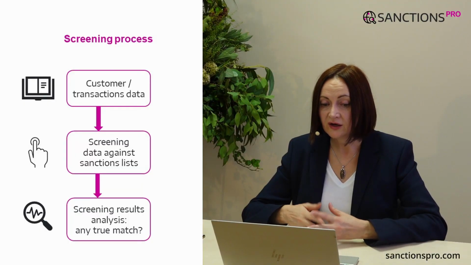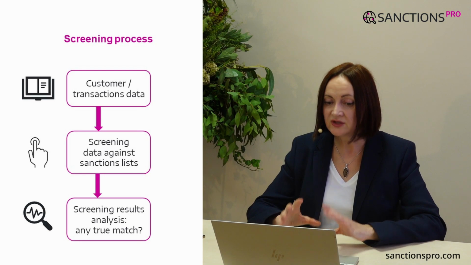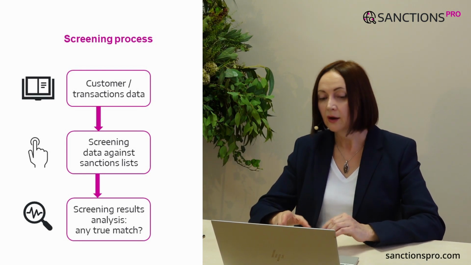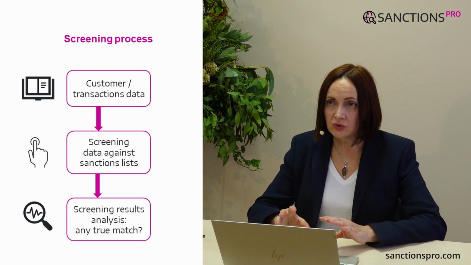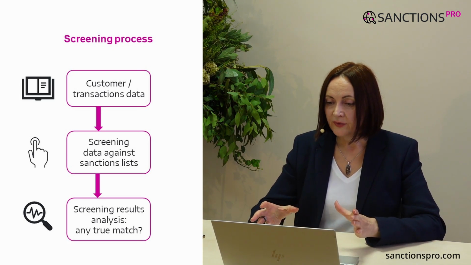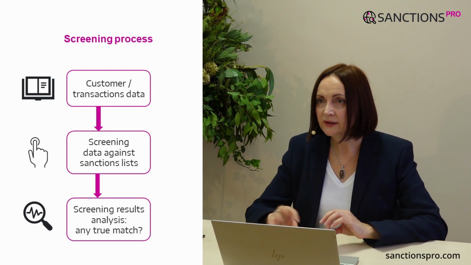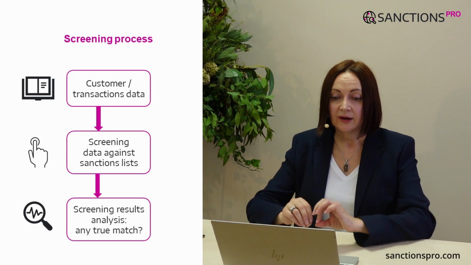In this regard, it's important to have a proper system which allows you to make this job efficient and effective. First of all, if you use an automated system to screen, make sure that your system minimizes false positives. Otherwise, you will just waste your time on incorrect matches.